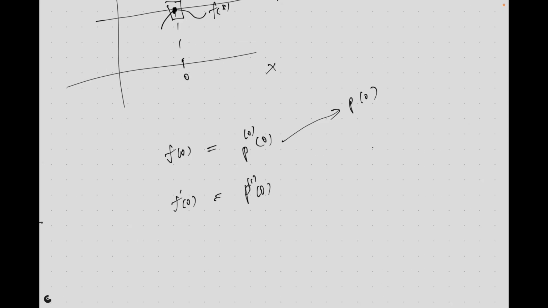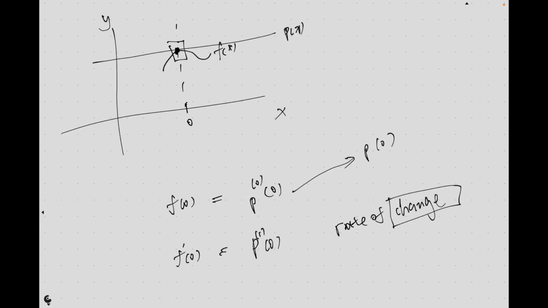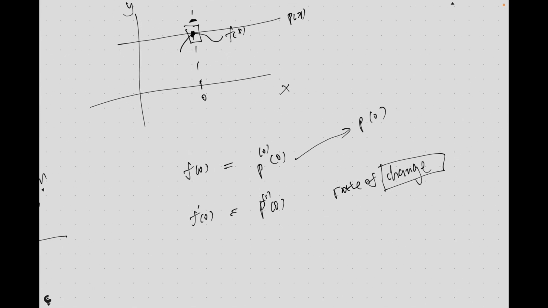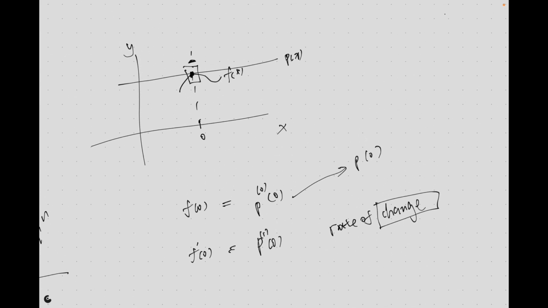The derivative means rate of change. The key word here is change. The change means that when you're moving around this point, in other words, you're changing the value of x around a point. If the two functions have the same rate of change, could we say that it has a better approximation around the point 0?